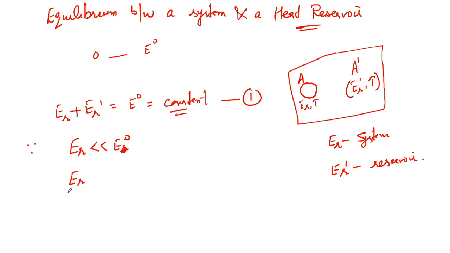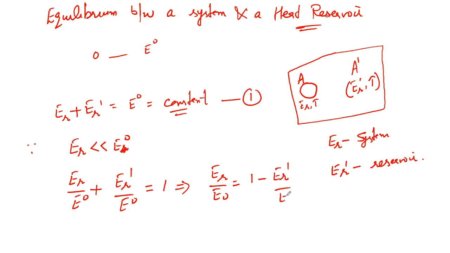Let me divide equation 1 by E naught: ER over E naught plus ER dash over E naught is equal to 1, and from that ER over E naught is 1 minus ER dash over E naught.